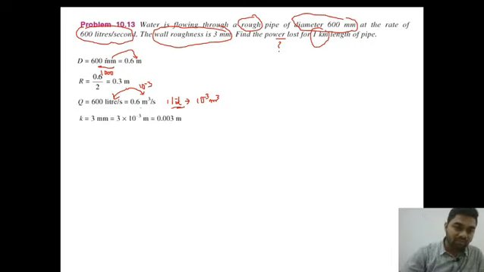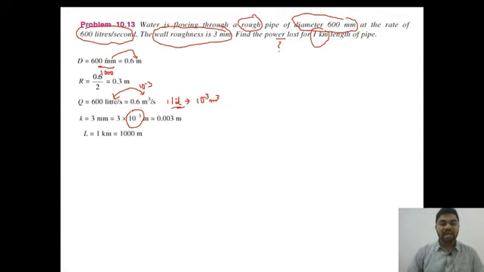What else? Length. 1 kilometer is given, which is 1000 meters.